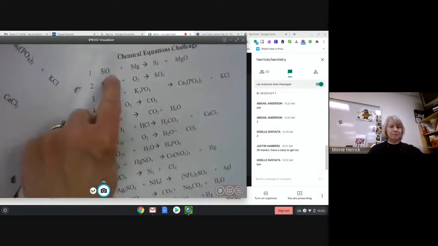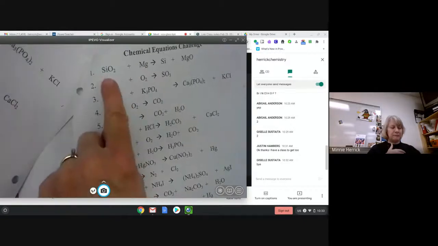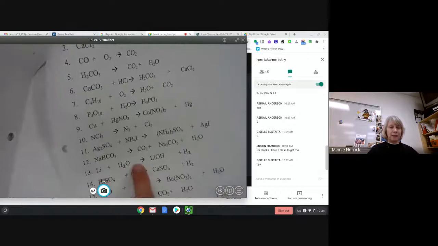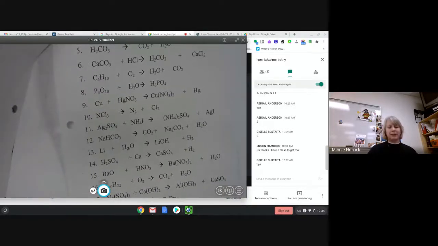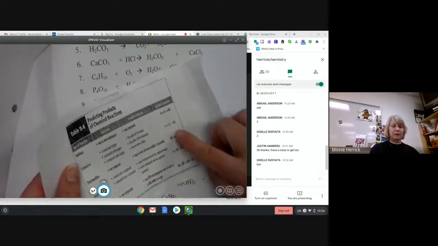Like here, we have a magnesium reacting with a compound. Further down, we have other metals reacting with a compound, or other non-metals. You're seeing these patterns and trying to match them up to these patterns right here.